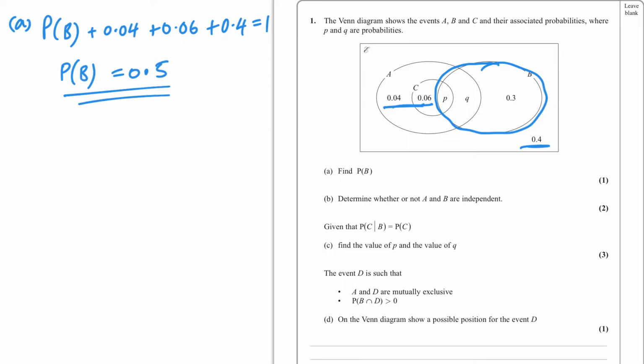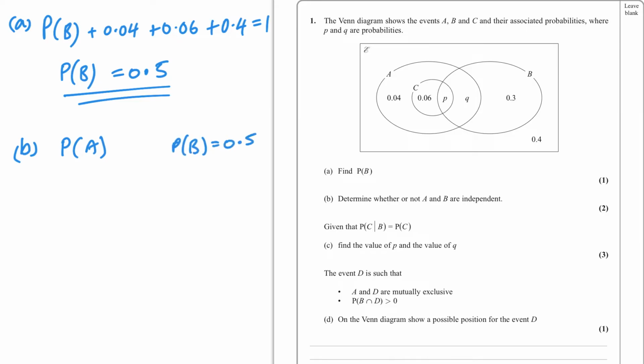A nice easy start. Now for part B, A and B are independent. So let's have a little think. Now we know that the probability of B is, as we've just found, 0.5. And if I think about the probability of A, that's my A section here. There's a 0.3 and a 0.4 is 0.7. So the probability of A must be 0.3.